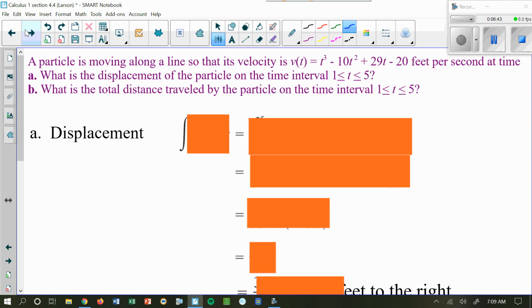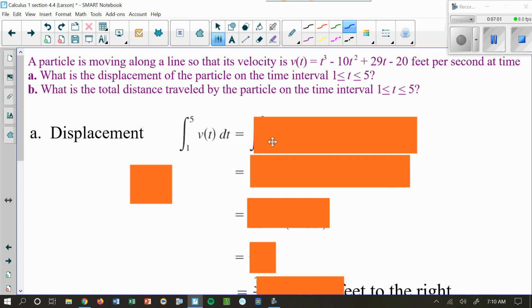So let's look at finding displacement and total distance here. So displacement, once again, is just your area of your original function. You're given your velocity function here, and you should remember that when you integrate velocity, you would get distance.